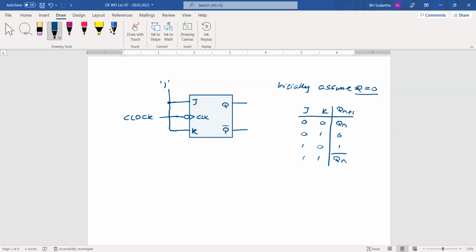Giving a permanent 1 1 to this JK flip-flop means we are using this last combination only. The name for this last combination is the toggle mode. We will see why they have given this name. Now the flip-flop is in the last state, since we have given 1 1 to its input.